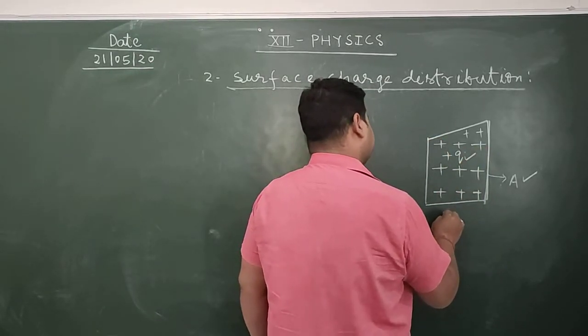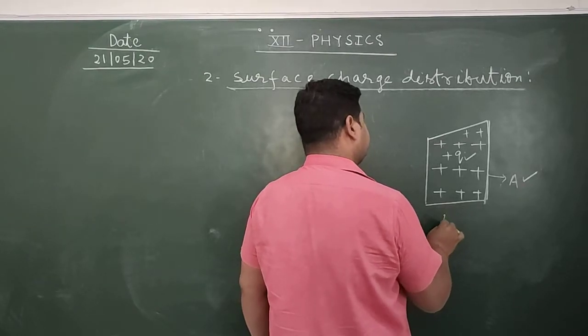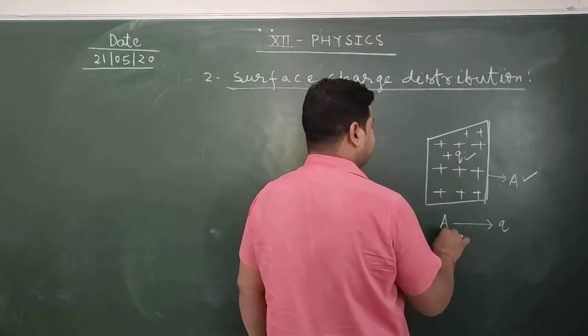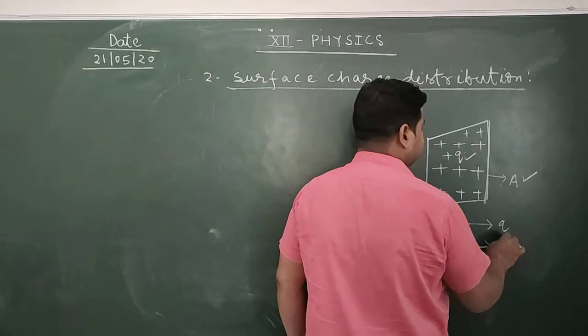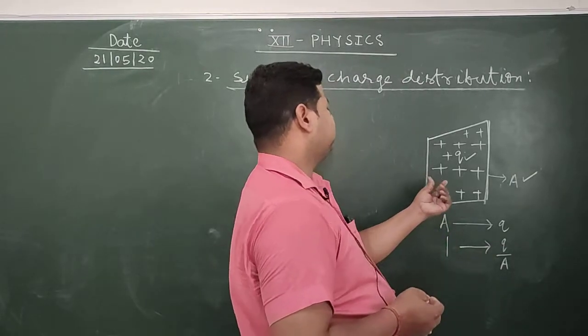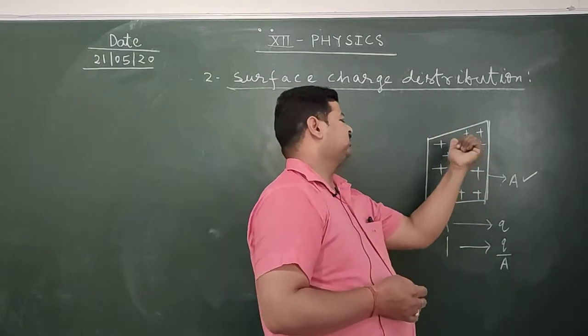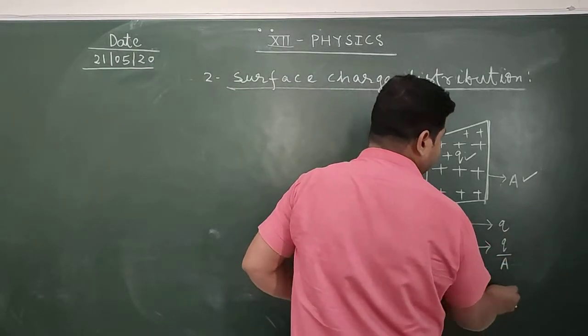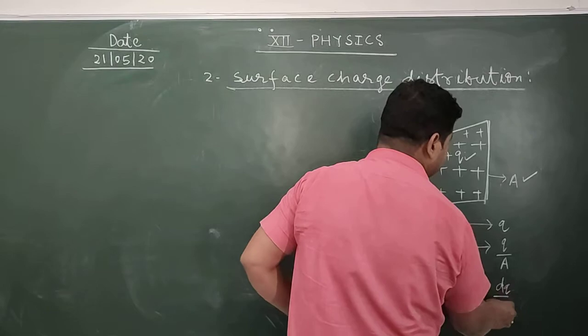So what amount of charge in area A is, that is q. So the charge per unit area is q by A. If we take a small segment of this plate, this is written as dq by dA.